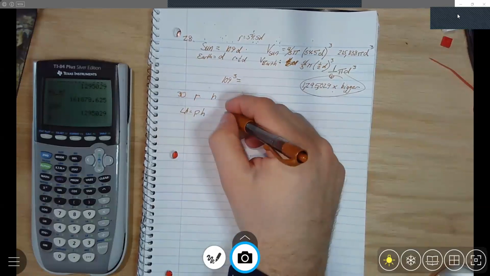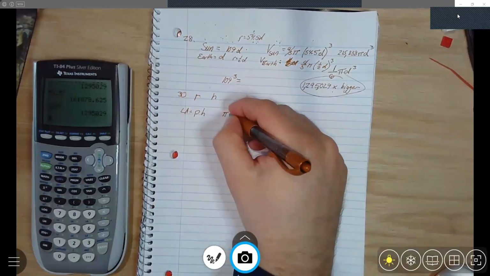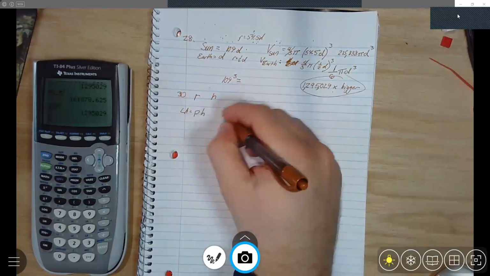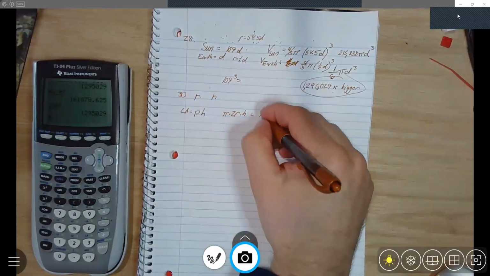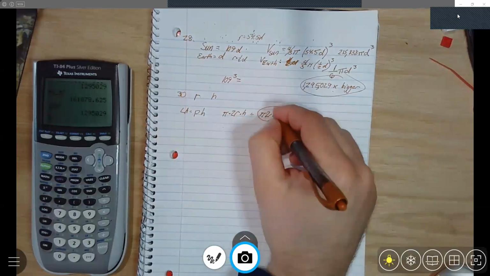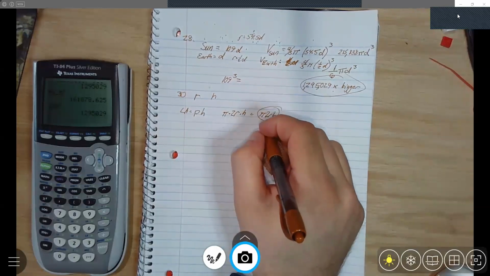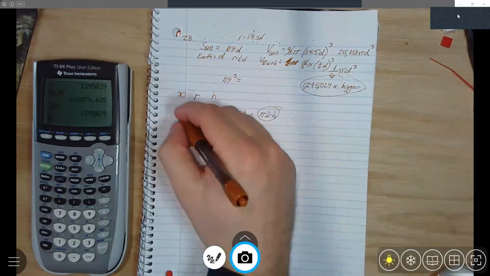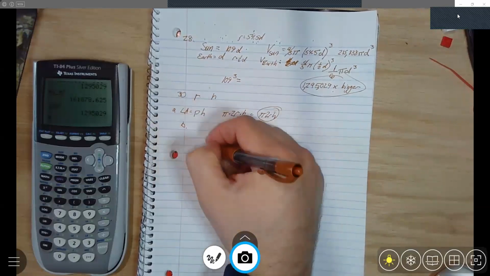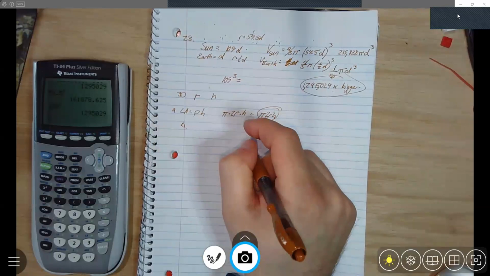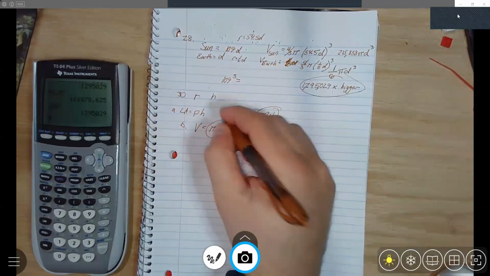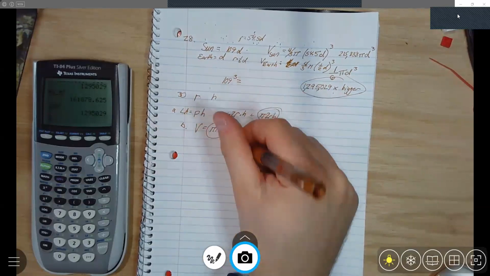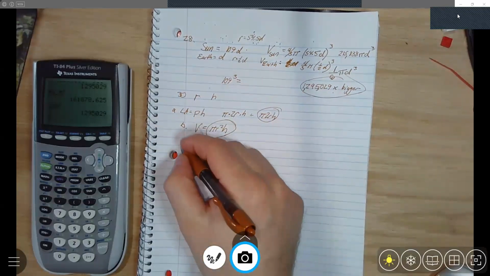The perimeter of the base is going to be pi times 2r, right? The circumference of a circle. And then the height. So pi 2rh is my lateral area formula. For part B, find the formula for its volume. Volume is pi r squared h. Boom.